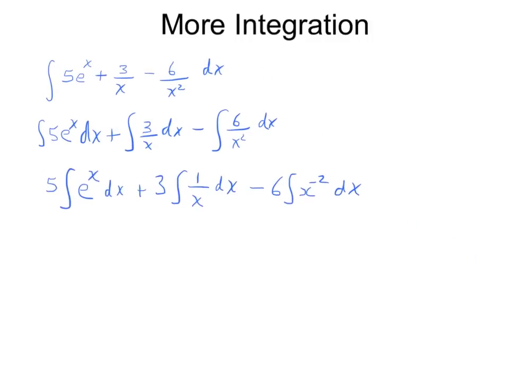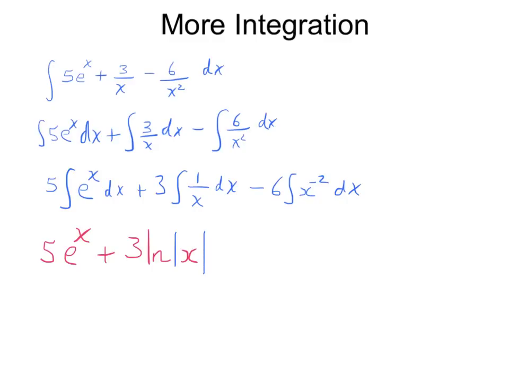And integrate each piece. So the integral of e to the x we just saw is just e to the x again, so you get 5 e to the x plus 3 times the integral of 1 over x, which is log of modulus of x.